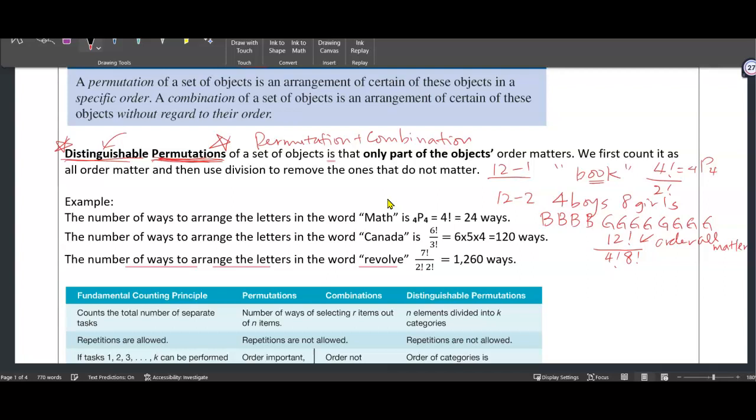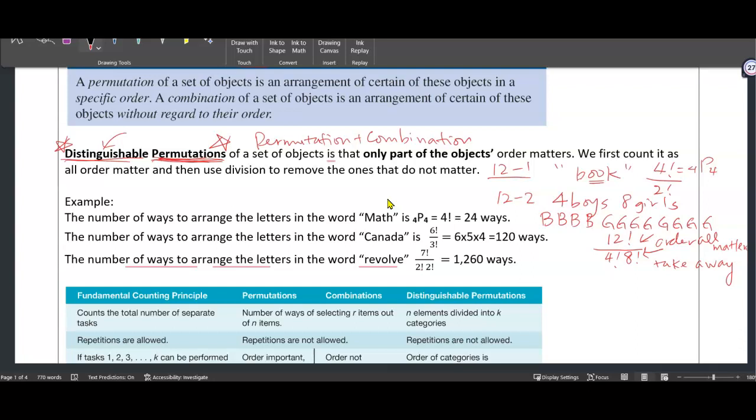So always start by treating them as all order matters, and then use division to take away the ones where order does not matter. I hope you still remember that from 12.2. And now we're just giving it an official name, distinguishable permutation, used when order only partially matters. So treat them as a permutation first, and then take away the part where order doesn't matter by division.